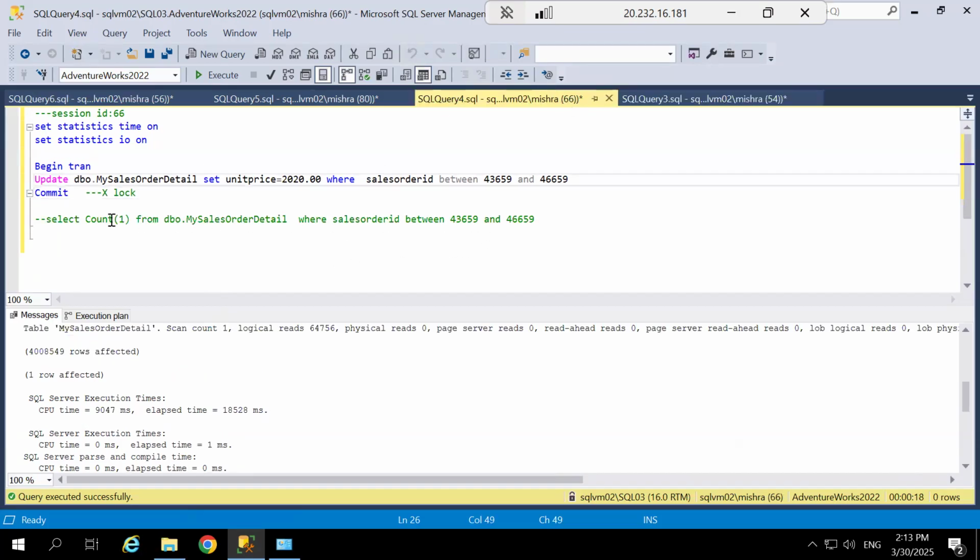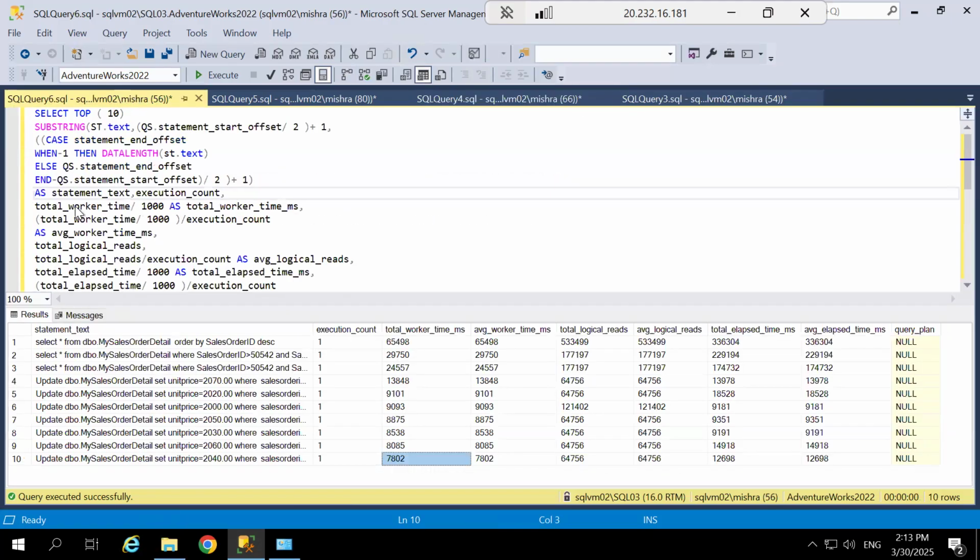What is this query? 2022, right? 66. And if we come here, 2040. 2020 has not been captured under top 10. I remember that was close to this. Elapsed time 7802, something like that. It was there.